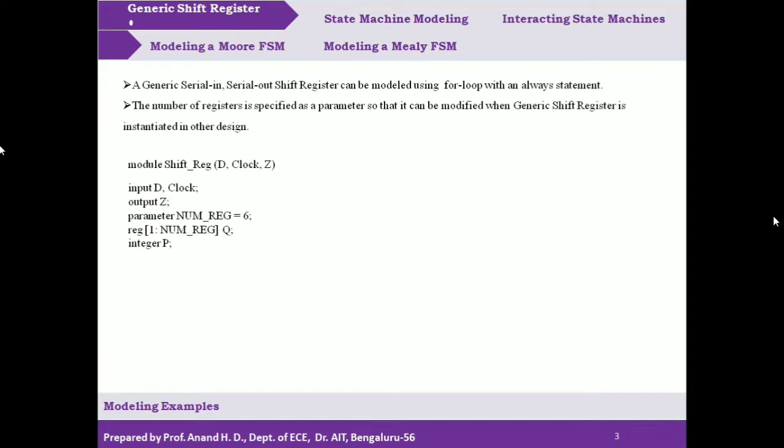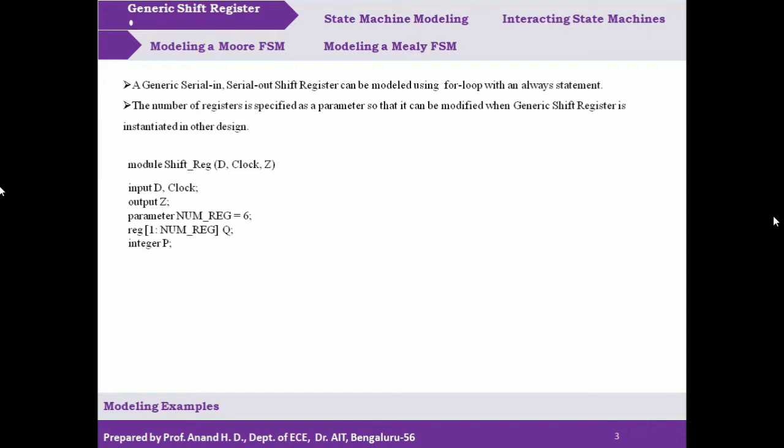In either representation, the number on the left side of the bracket is going to be the MSB of the vector. So here, bit 1 will be the MSB and bit 6 will be the LSB. So q is a variable of type vector of size 6 bits, wherein bit 1 is the MSB and bit 6 is the LSB.